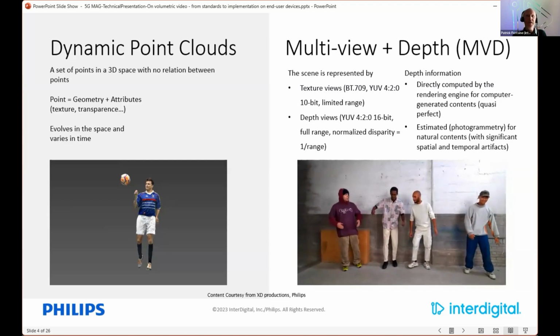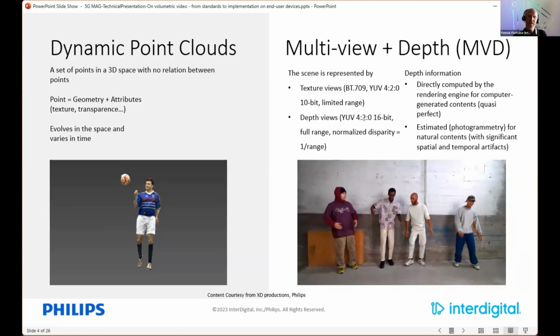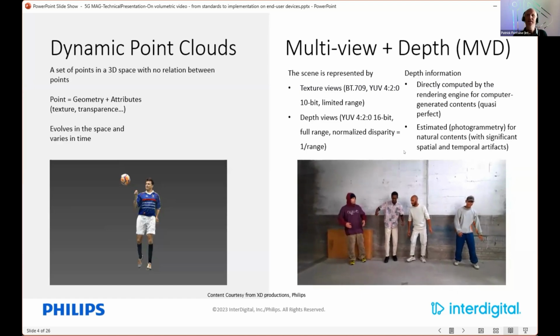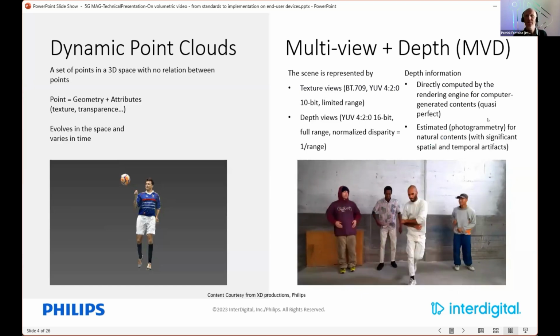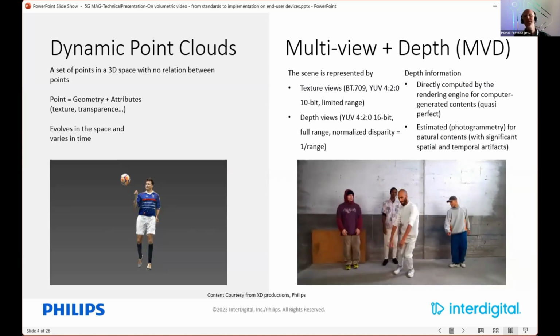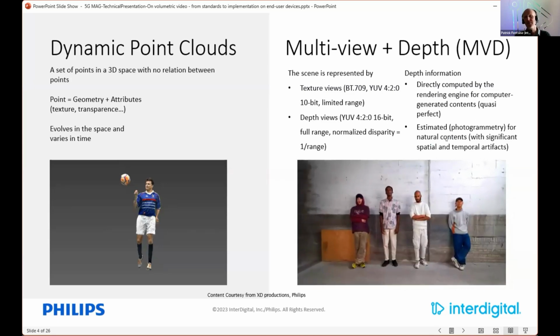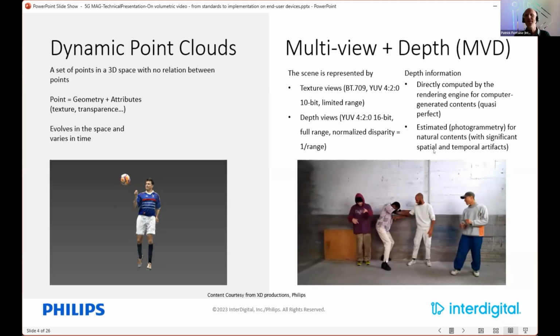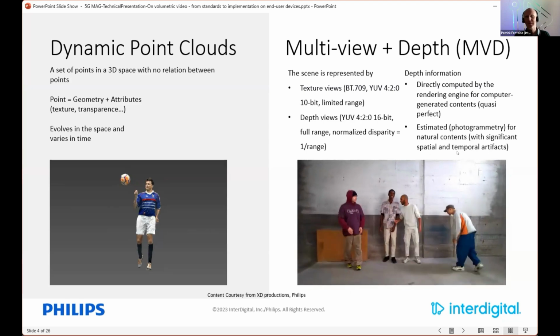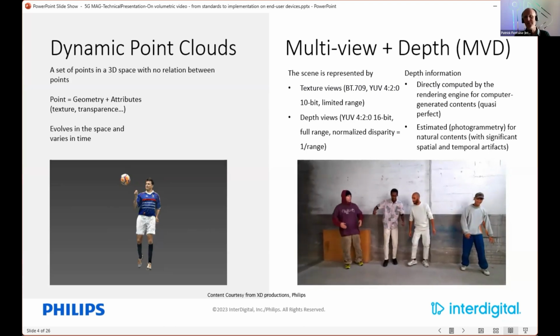But in the general case where we want volumetric video of natural content, this depth information is estimated with techniques like photogrammetry or others, and they are outside of the standards, and they can lead to some errors in spatial and temporal artifacts.